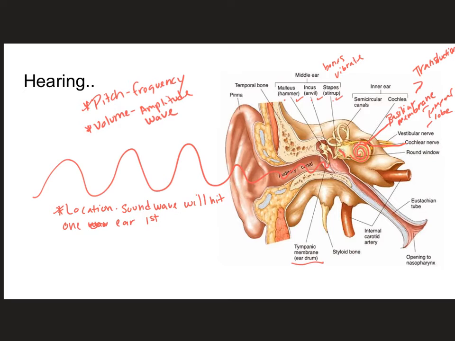So how exactly do we hear? Well, much like vision or color, we have some different theories on how we hear. The first idea is called place theory.